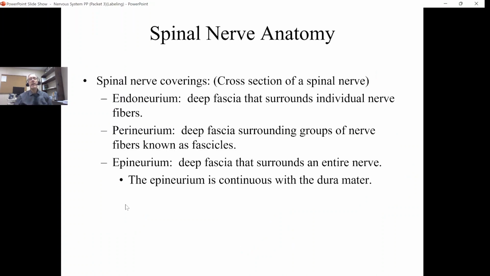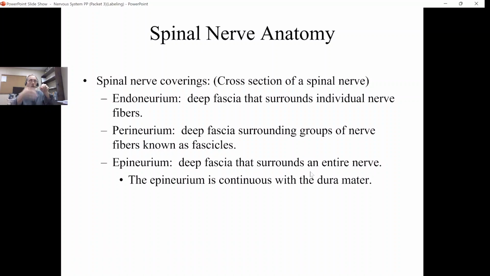Okay. The last thing about the spinal nerve is this. Our spinal nerves are covered by connective tissue. If we were to pick up a spinal nerve, let's say your sciatic nerve, right? My pen here is a sciatic nerve, let's say. The connective tissue covering around the entire sciatic nerve in this case would be called the epineurium. Okay, so that's the deep fascia that surrounds the entire nerve.